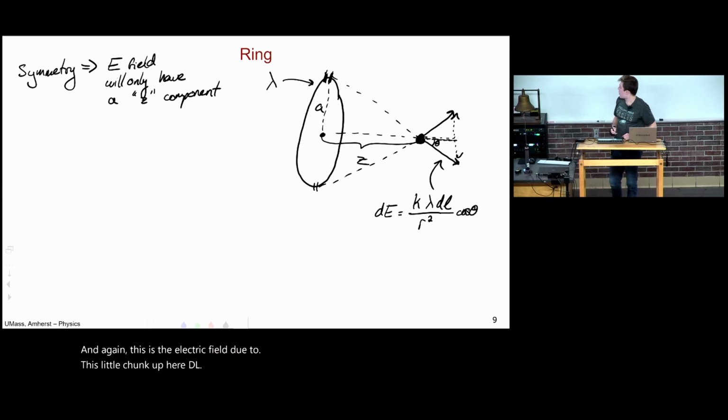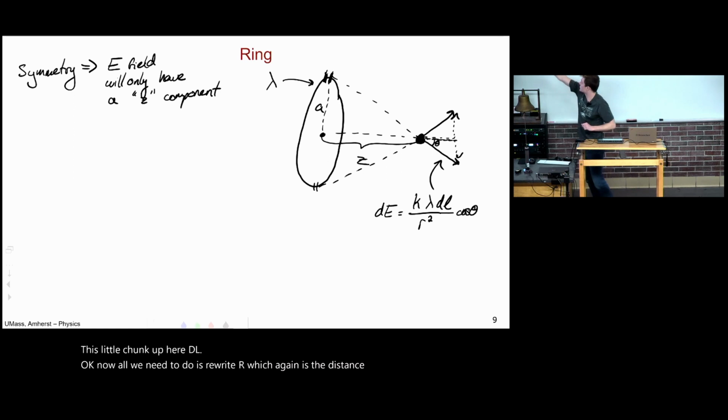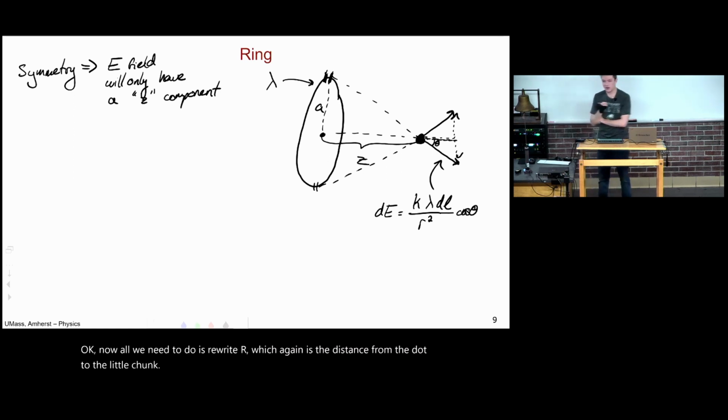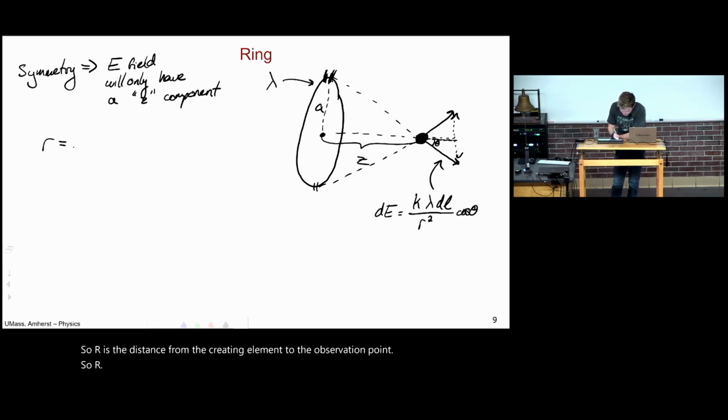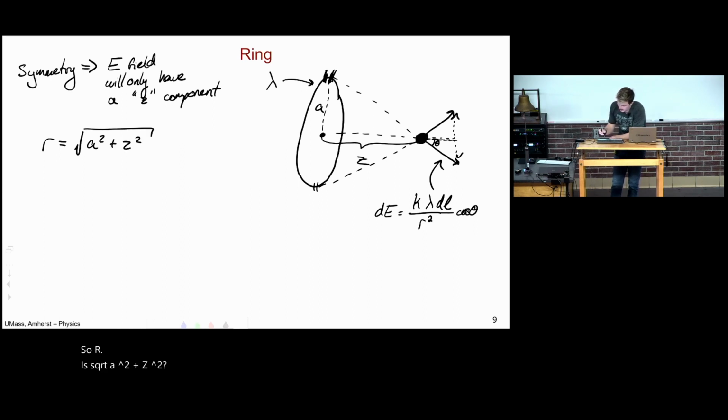Okay, now all we need to do is rewrite r, which again is the distance from the dot to the little chunk, and cosine theta in terms of a and z. So r is the distance from the creating element to the observation point. So r is the square root of a squared plus z squared. And theta, here's theta. So cosine of theta is adjacent over hypotenuse.